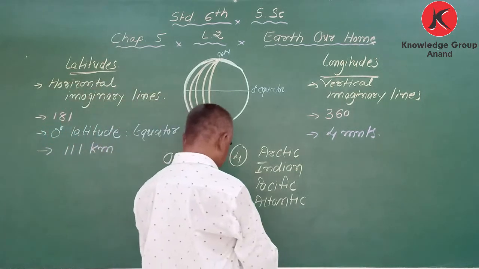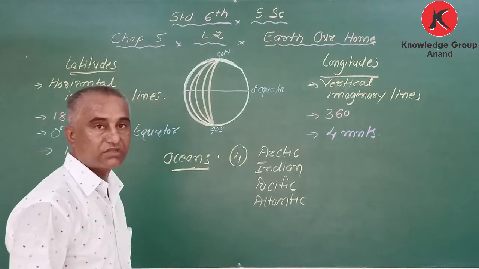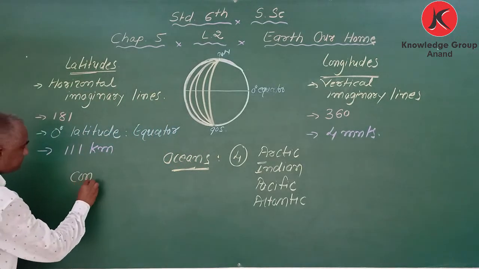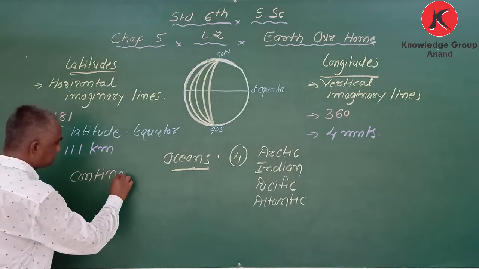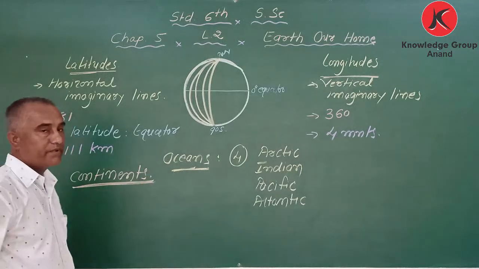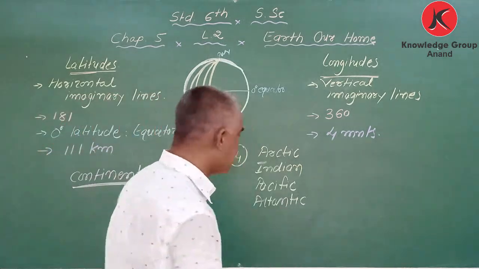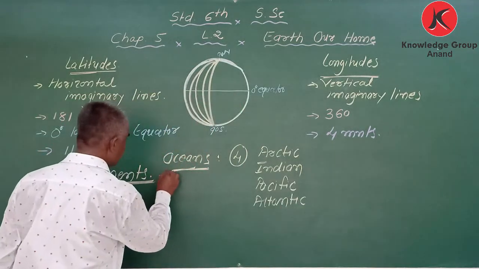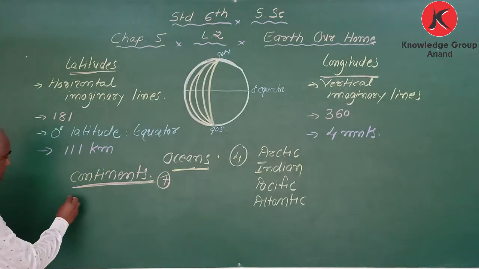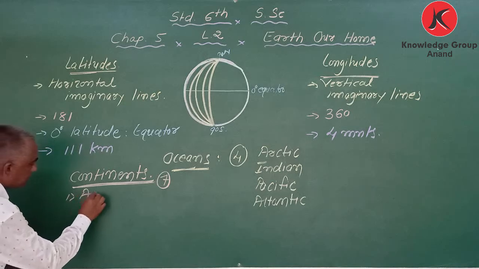Today we are going to learn about continents. How many continents are there? There are seven. Which are they? Number one, Asia.